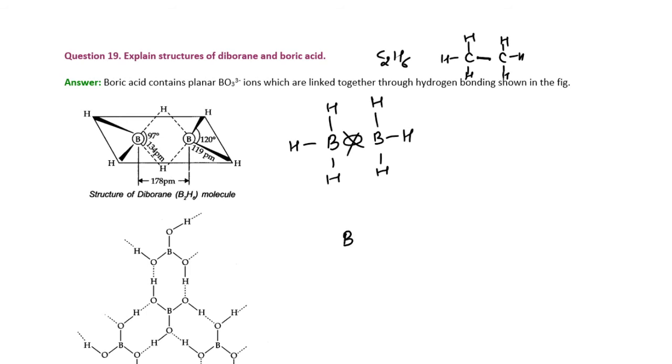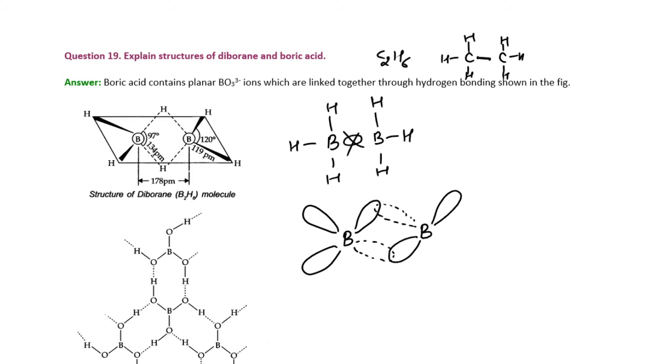It's like boron has 3 electrons and one orbital is vacant. The other boron also forms a bond. It is like this.